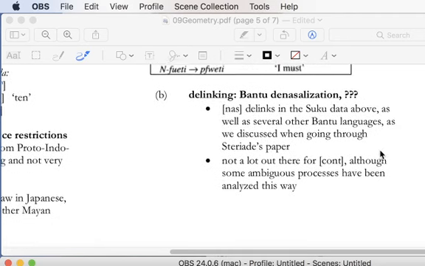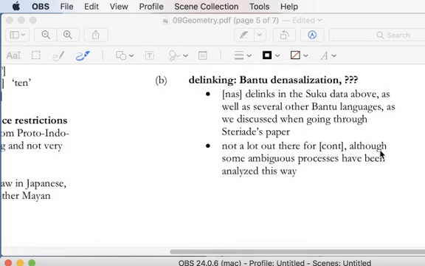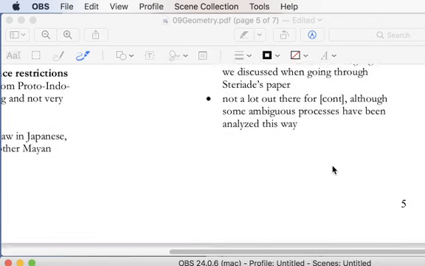But for delinking of continuancy, I don't have any really good examples for you. McCarthy mentions a couple possible examples in his paper that seem to me to be not very common phenomena, and ones that are maybe ambiguous or could be analyzed in a number of ways. So I would say there's not a ton of evidence out there for the delinking of continuancy by itself.